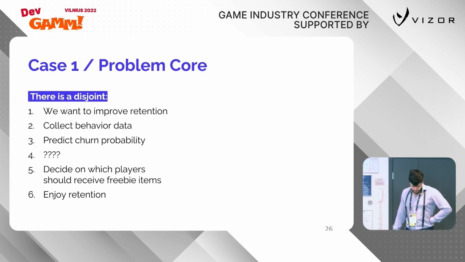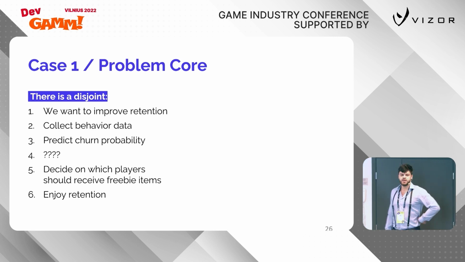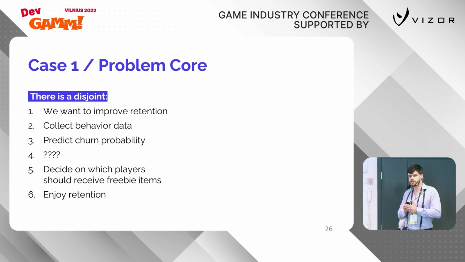What's the core problem of this approach? There is a disjoint between decision making and what we are trying to predict, right? Because we are trying to predict the churn probability, but this information is not enough to guide our decision on who should receive these gift items.